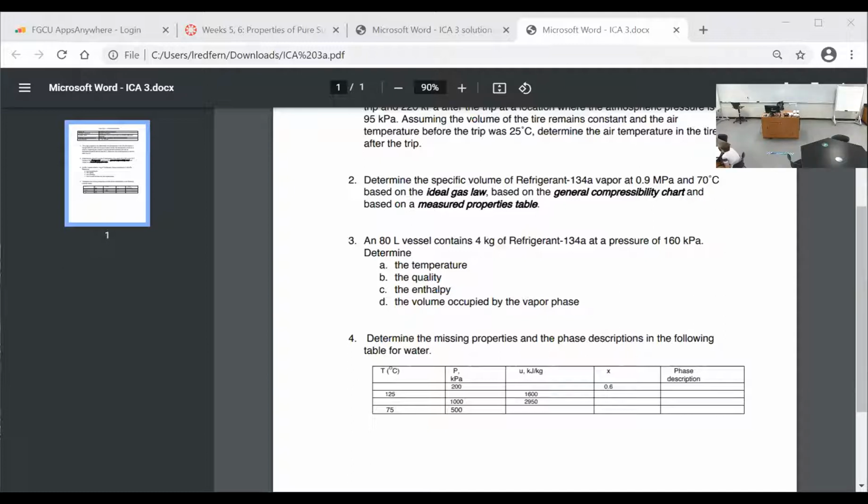So it would just be at either one of these temperatures or pressure. Your temperature is lower than your saturation temperature, so you know it's a compressed liquid, so you can just look up your u, which is approximately your u_f, from table A4, which is your water temperature table.